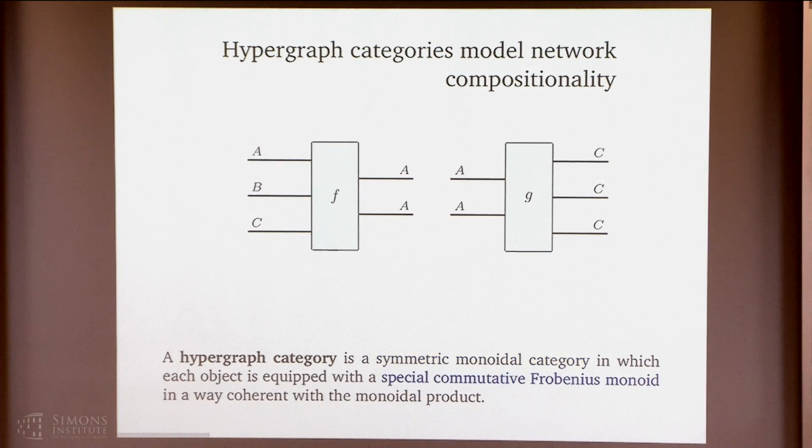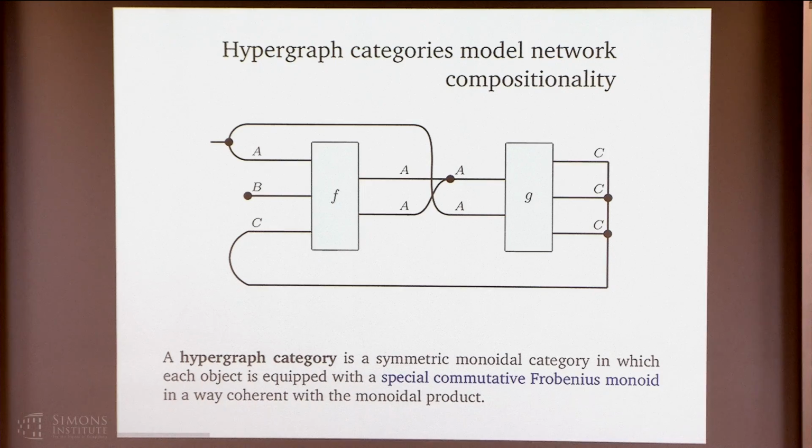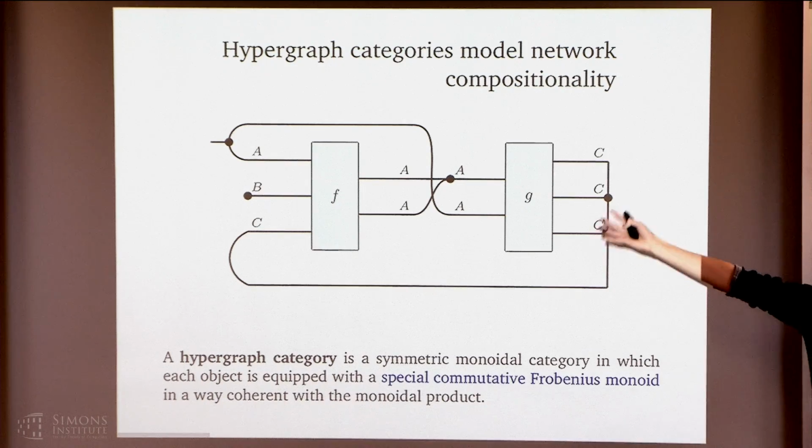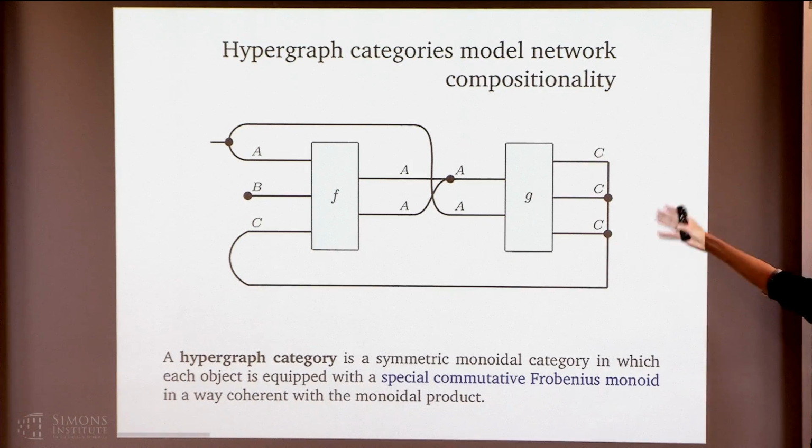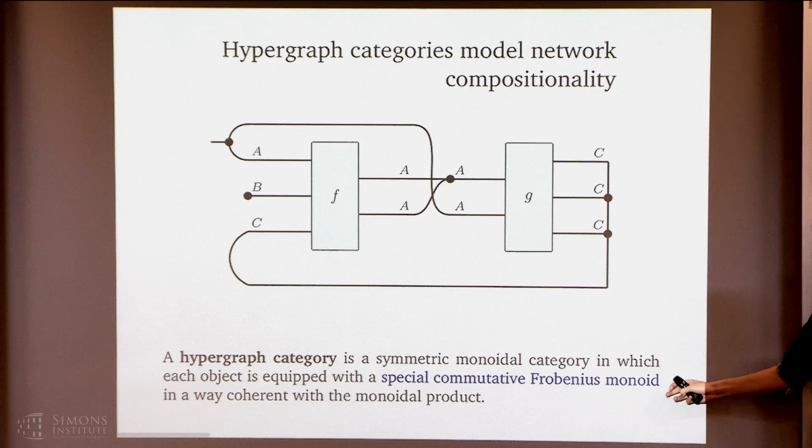a bit. In a hypergraph category, we're allowed this much more free notion of composition, where we're allowed to split wires, terminate wires, bend wires around, and connect arbitrary or as many wires as we like together. So this wiring structure is afforded by the special commutative Frobenius monoid on each object. What's the coherence property?